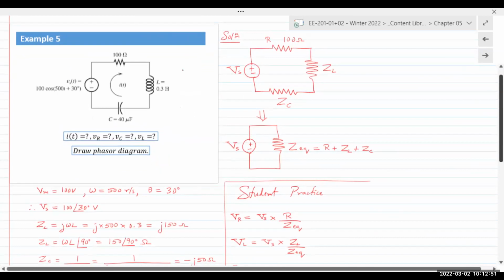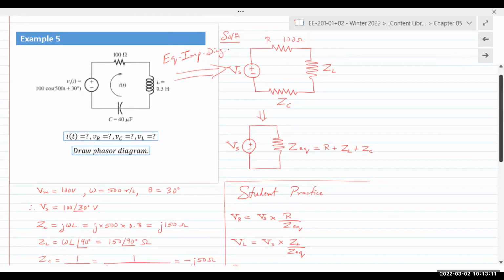Okay, the equivalent impedance diagram, where you represent each component with its complex counterpart. Meaning the source is represented with its phasor, Vs, right? If it's voltage I, then it's Is, or phasor I.